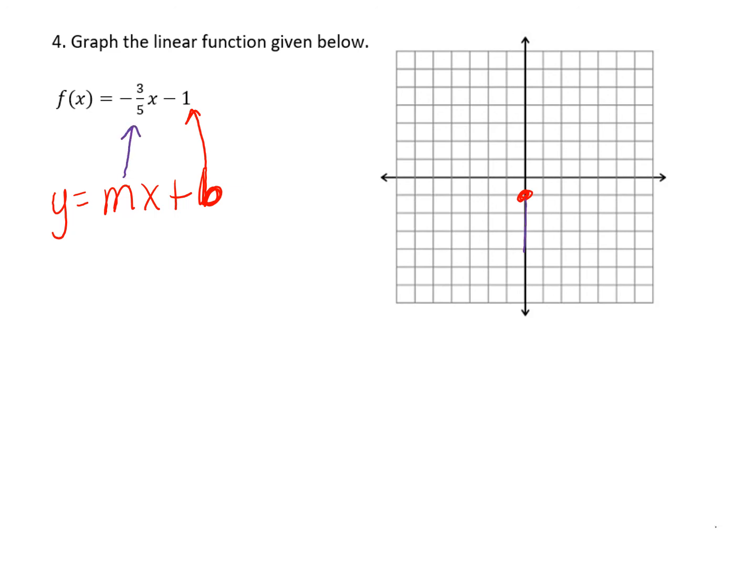So I'm going to go down 3 and over 5. And then I can draw my line. And we see that negative slope where we went down 3 and over 5, starting with the y-intercept of -1.